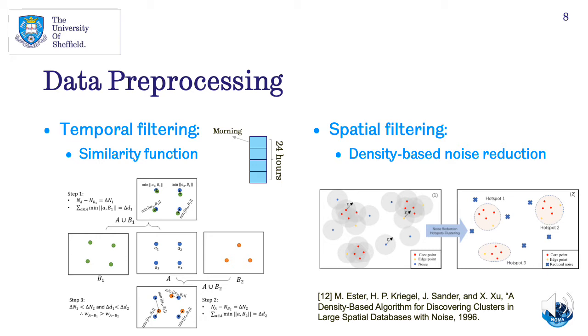So the first step is to design a similarity function to find the similarity between the point clouds at each time, compare them, and then filter which periods of time are similar and which are different from others. What we did is find two factors that influence the similarity, as the bottom left figure shows.